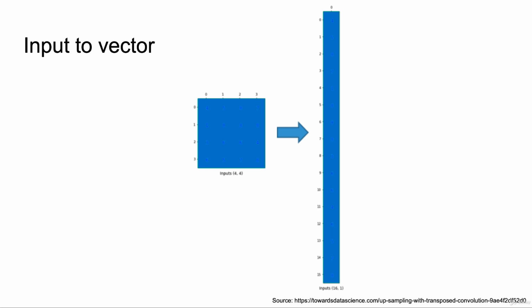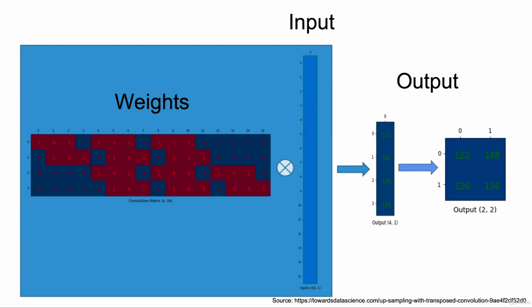So this is an input image 4 by 4, and the vector is 16 by 1. After that, in order to calculate the convolution result, we just do a matrix multiplication of the matrix of weights, which is our convolutional weight, and the input, which is our image. Then we obtain a vector and transform it back to an image, back to a square. And in fact, this is how convolutions are usually performed.